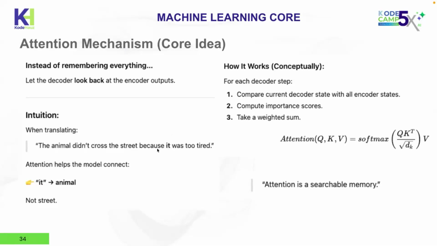So for each of the words that came before it, it calculates the importance of each of these words to the meaning of "it," and therefore to what should come after it. Okay? So when you do this, then you can take a weighted sum, right? And that gives us this attention.